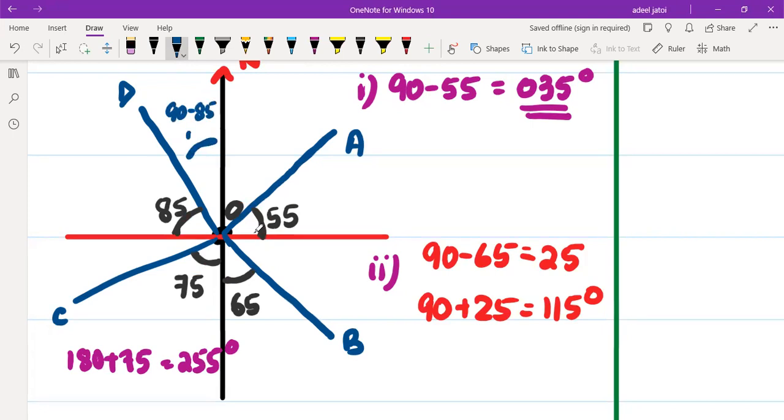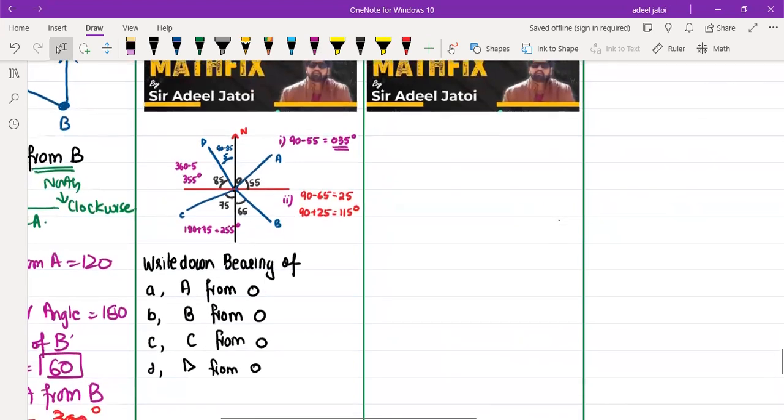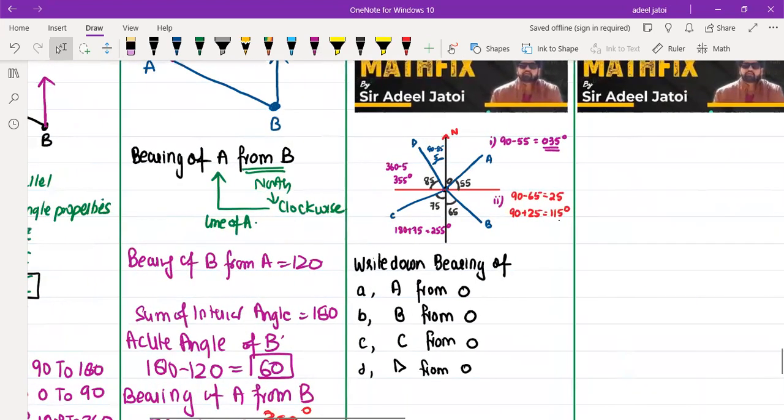So this angle is 5. So to get the bearing, this should be 360 minus 5. So bearing is 355 of D, bearing of D from the north of O. So this was your part. Write down the bearing of these 4 parts.